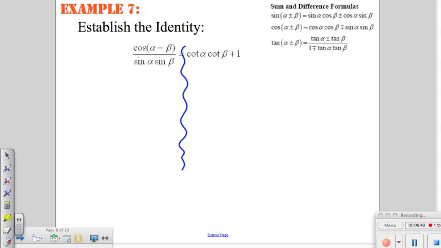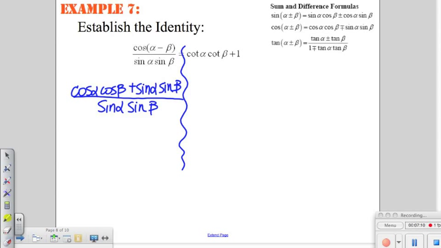So I can go ahead and use my difference formula to rewrite that as cosine alpha, cosine beta, plus sine alpha, sine beta. And that's all going to be over sine alpha, sine beta.